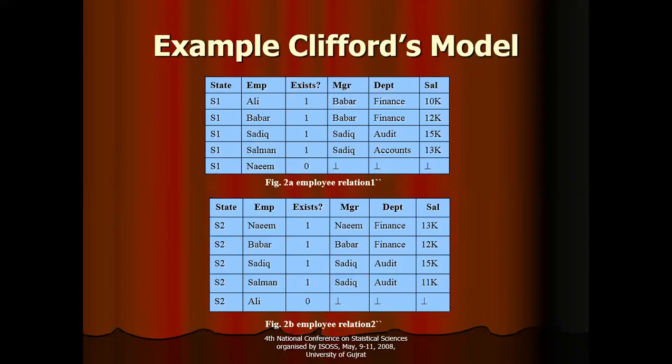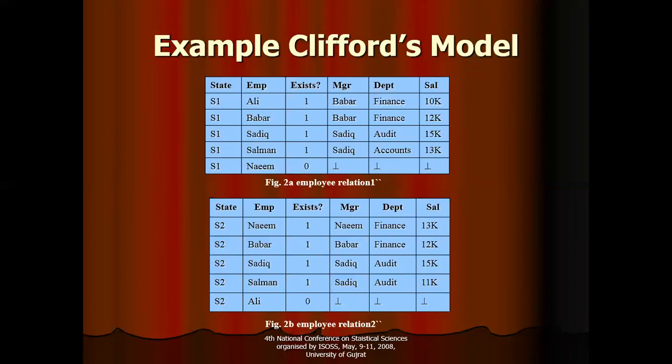Let's suppose Ali is the employee we're talking about, and Ali has various instances. He may be part of various departments, and he may have various managers as well, and his salary is also a variable factor over a period of time. So he augmented every tuple with a state.